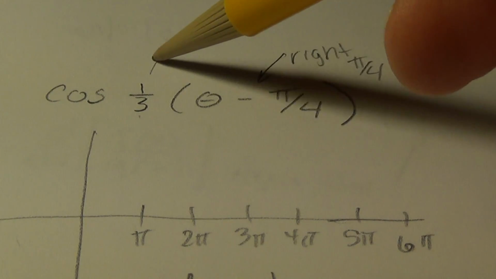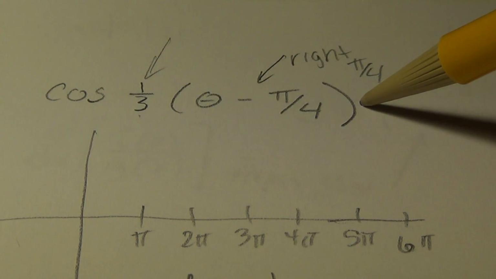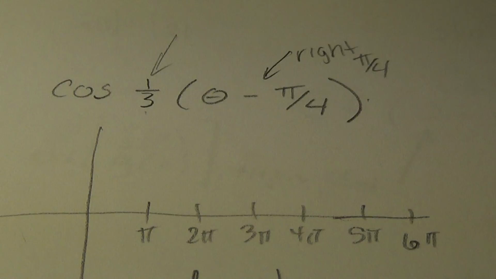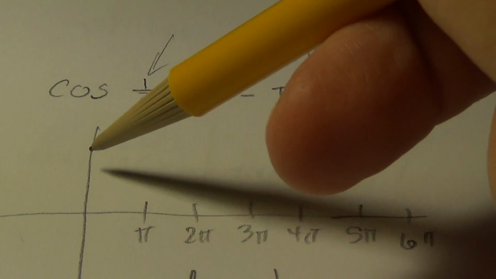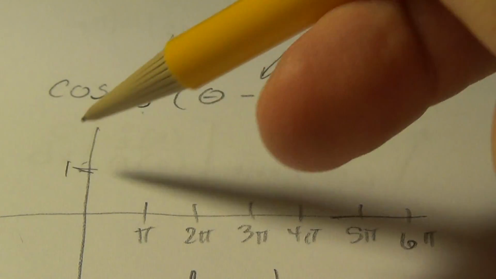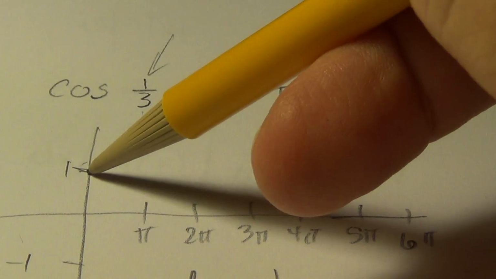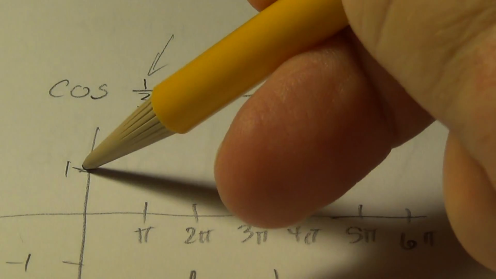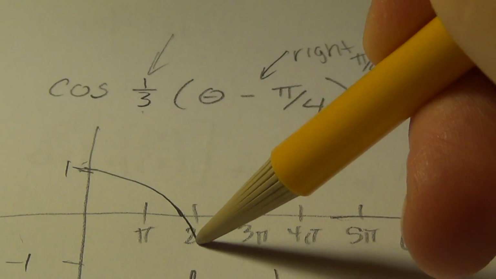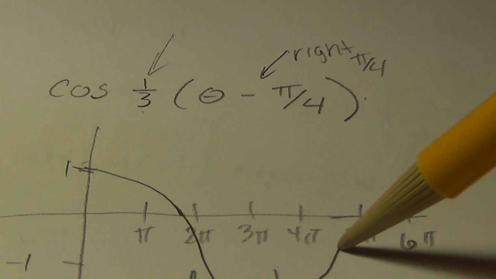That's what this tells me, and this tells me I'm going to take that graph and move it to the right, pi over 4. So let me get cosine starts up 1 and goes down to -1. So it's going to be like this.